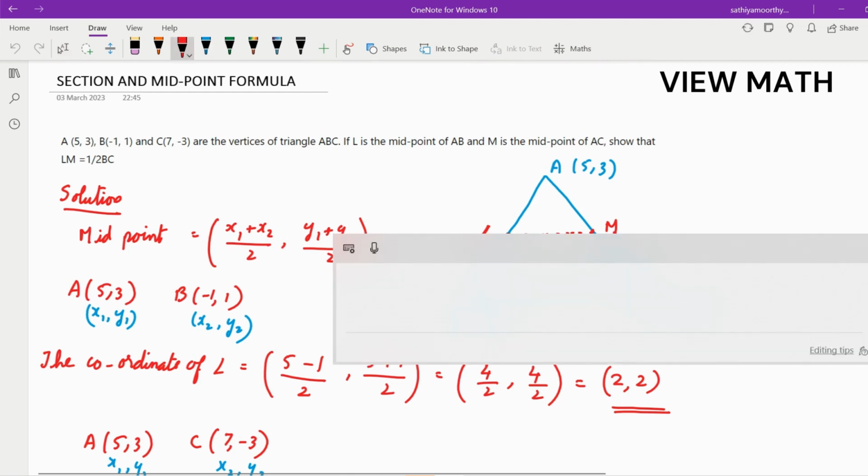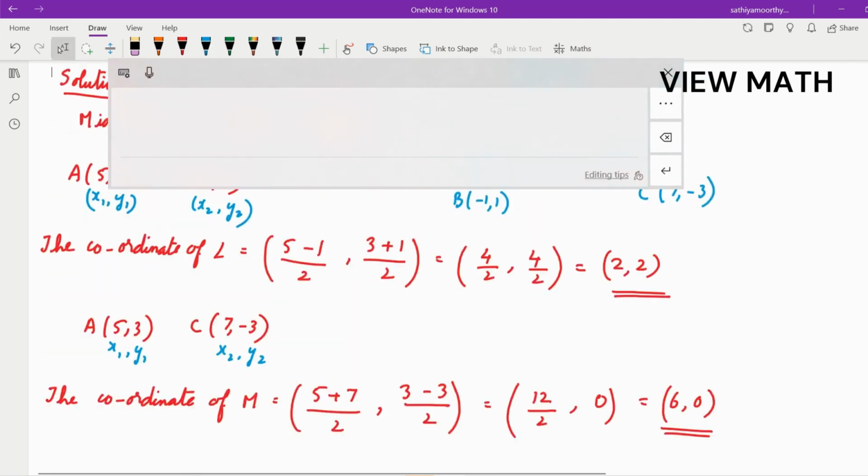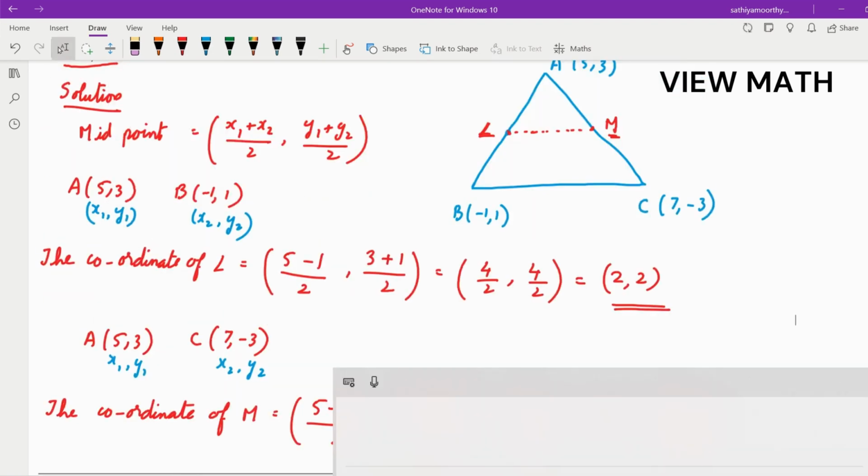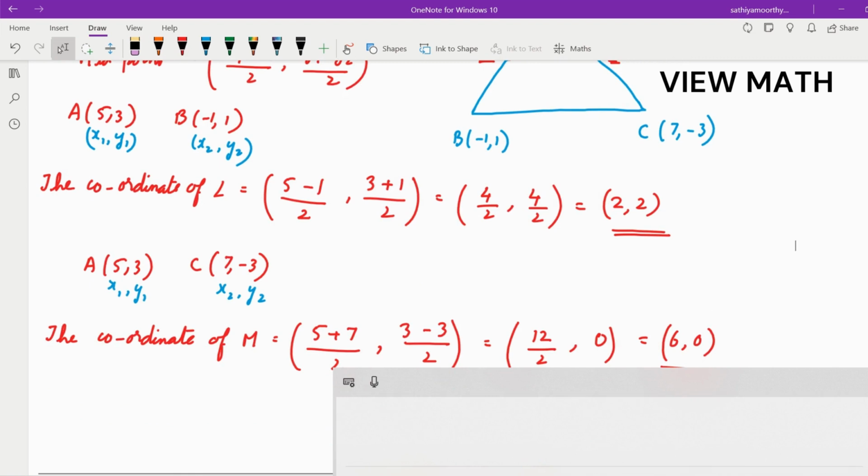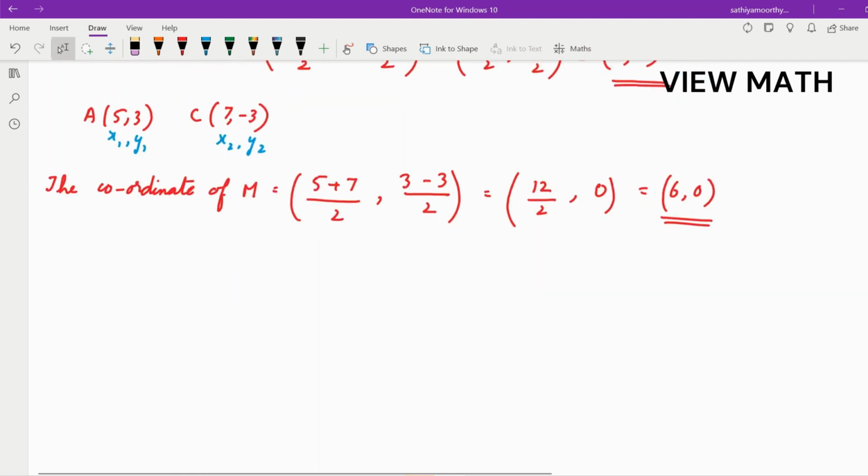So LM is equal to half of BC, I have to show. So first I'm going to find out LM. L coordinate is, just now we found out, 2, 2, and the M coordinate is 6, 0. So let me use the distance formula to find out the length of LM.